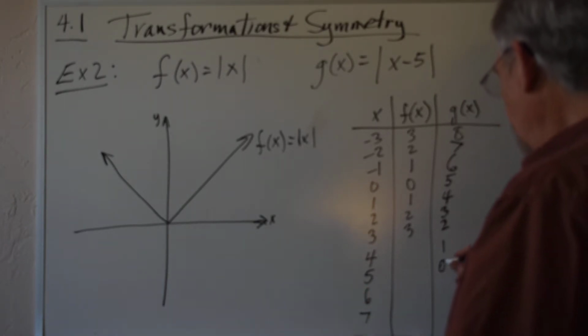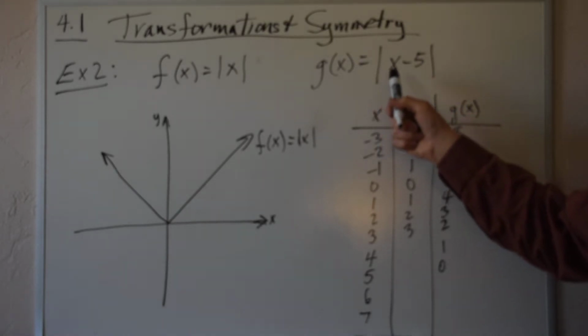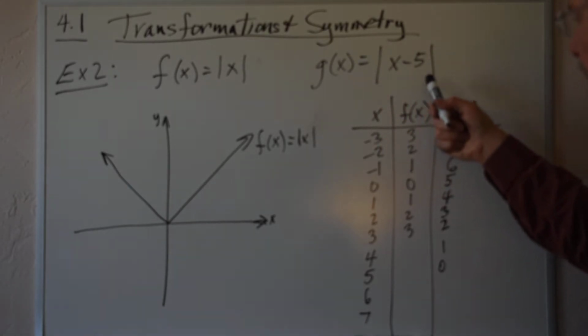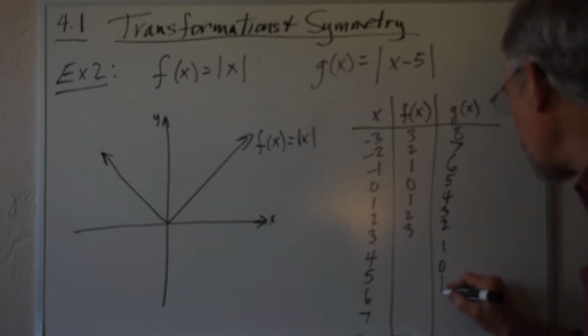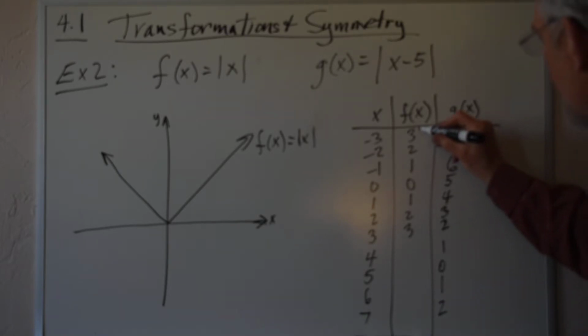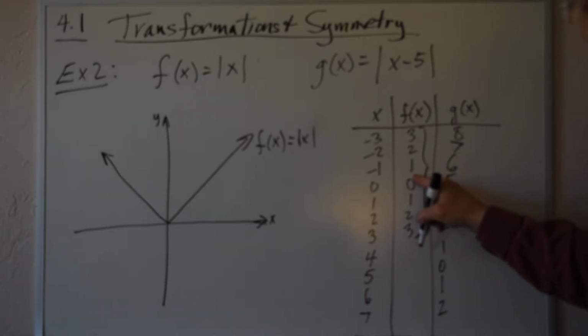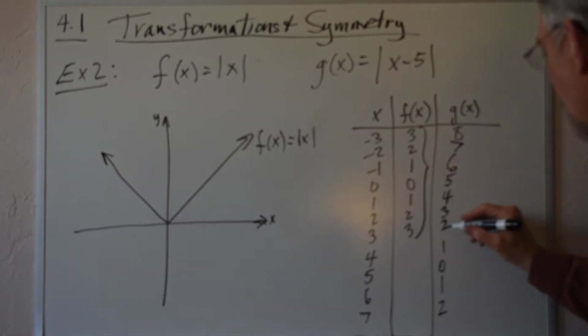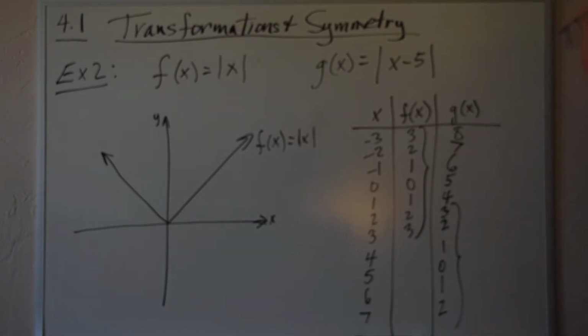When we put 5 in there, we get the absolute value of the quantity 5 minus 5, which is the absolute value of 0, which equals 0. And finally we turn it around here and start going up again. So you see what has happened. This entire chunk of y values has sort of been transplanted down to here.